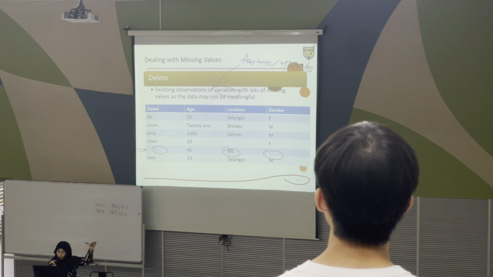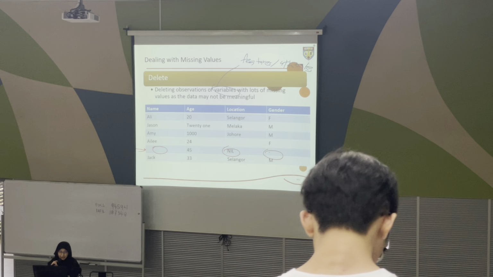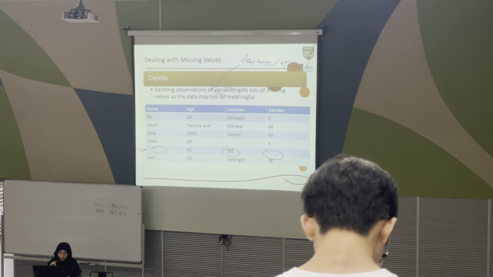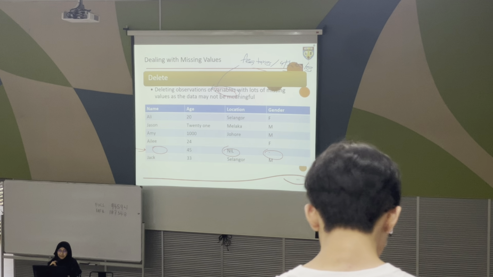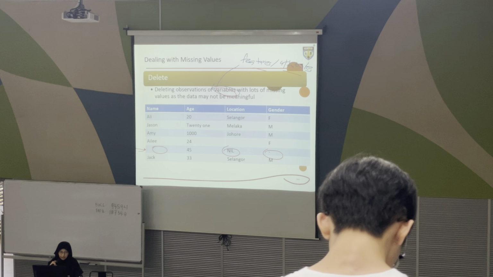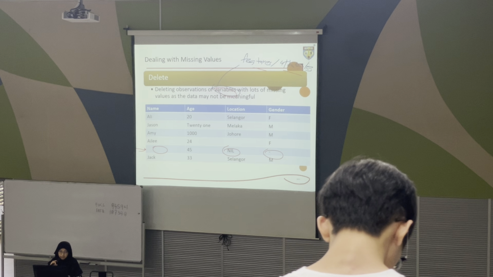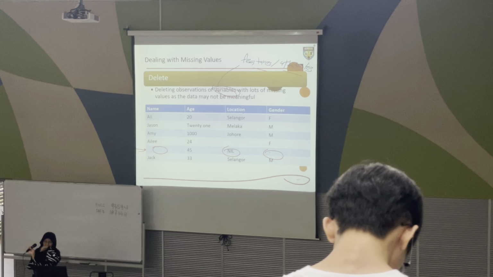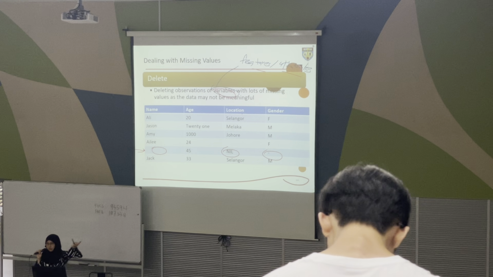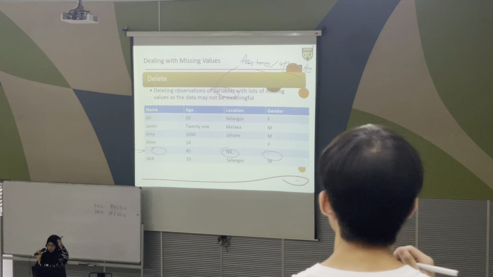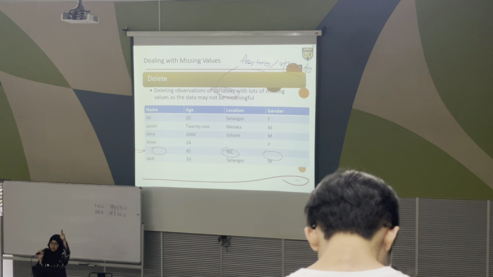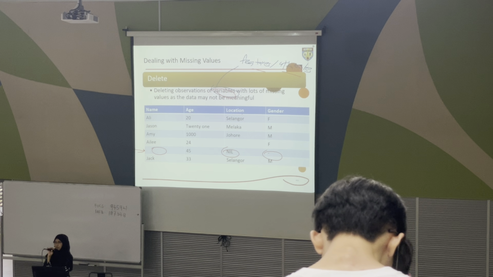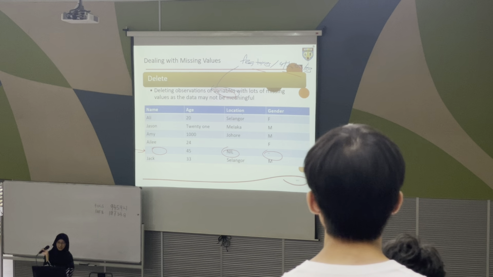Either you delete the rows or the records, or you delete the variables, features, or attributes. So this one is attribute name, attribute age, attribute location, or attribute gender. Either you delete rows or you delete the column. Column, features, attributes, and variables refer to the same thing. Don't ask me later.